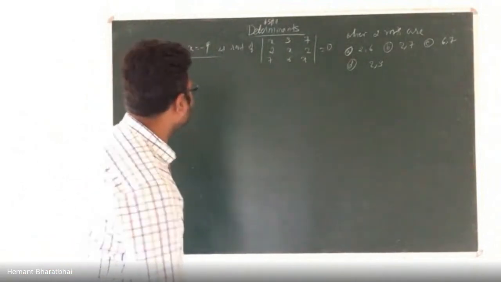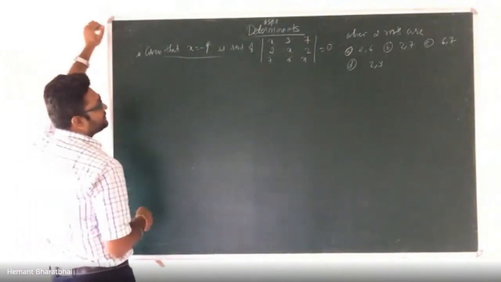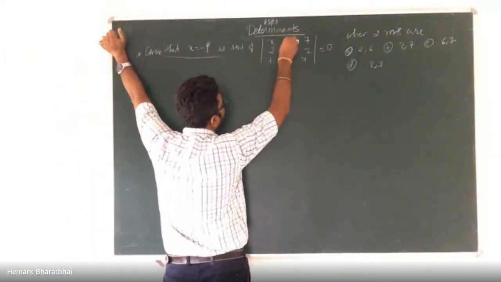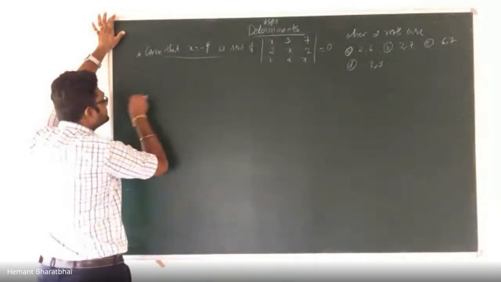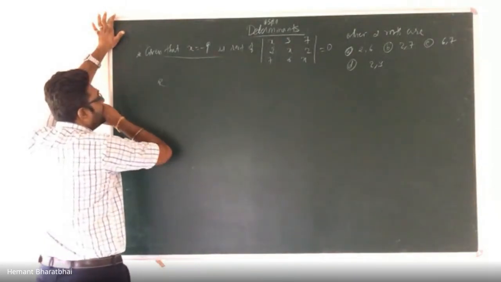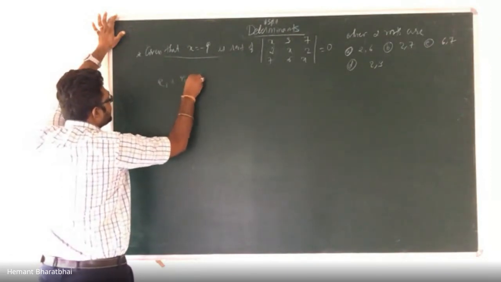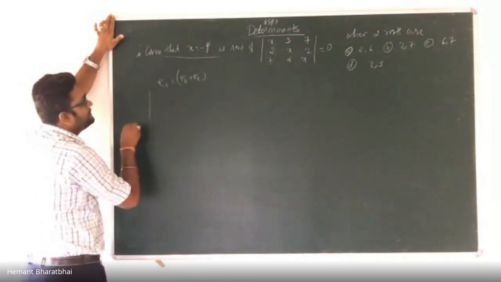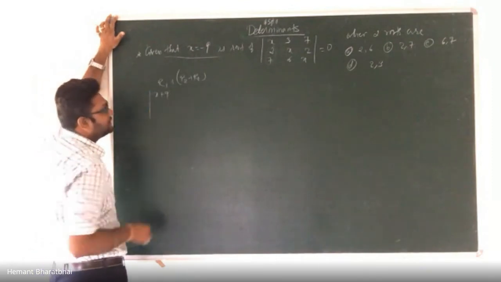If you don't know how to solve, then we can also try with this determinant. If I add, I'll get x plus 9 here also. So what I can do is R1 becomes R1 plus R2 plus R3. So I'll get x plus 2 plus 7, that is x plus 9.